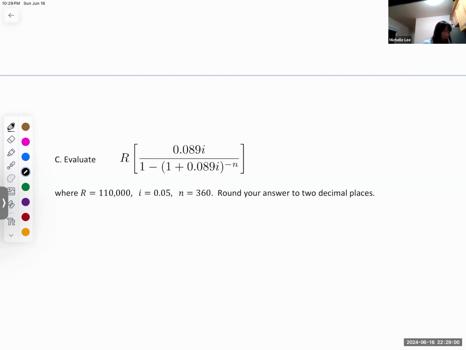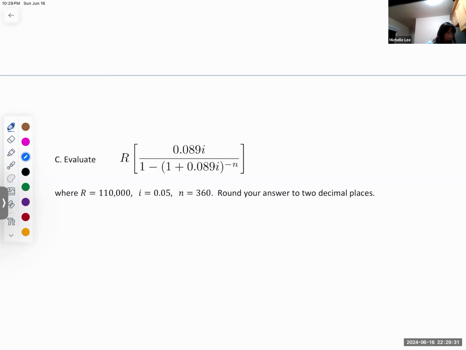Okay, be careful. We don't do that, right? Because we just learned PEMDAS, right? So parentheses first. So we have to simplify inside the parentheses first, right? In that case, we do numerator, denominator, respectively, right?